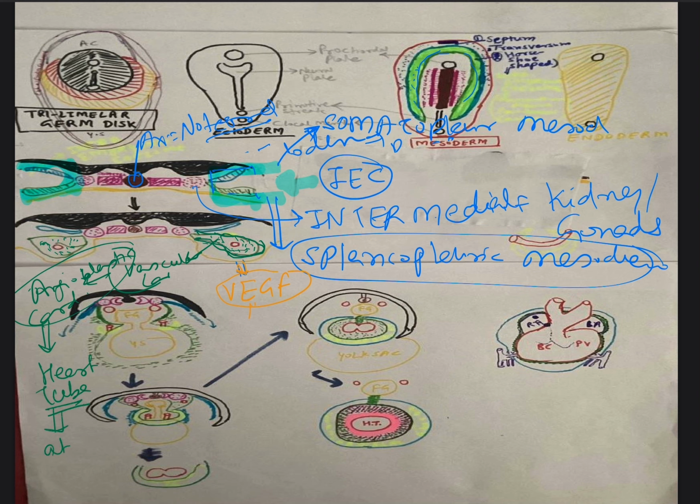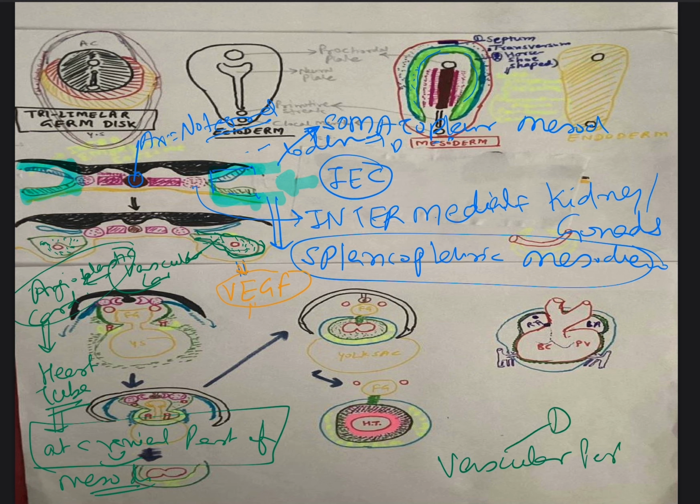These angioblastic cord cells form a heart tube at the cranial part of the mesoderm. Cranially it forms the heart tube, and the other part forms vascular parts like the dorsal aorta, and other vasculogenesis happens under the influence of this VEGF, which is secreted through the endodermal layer.